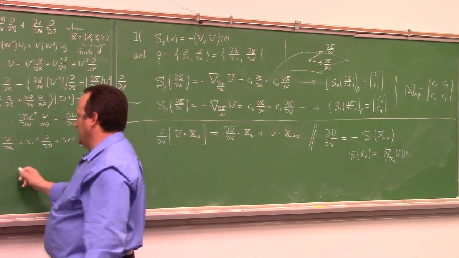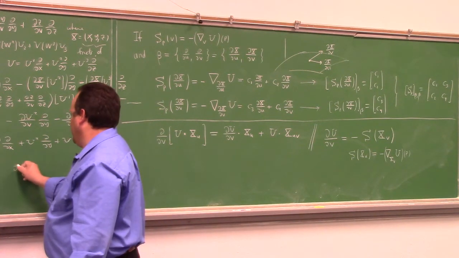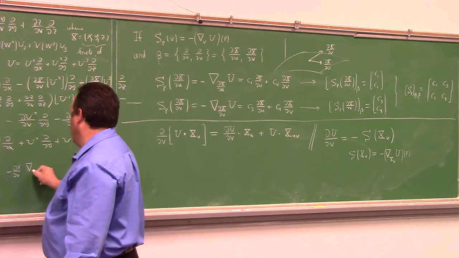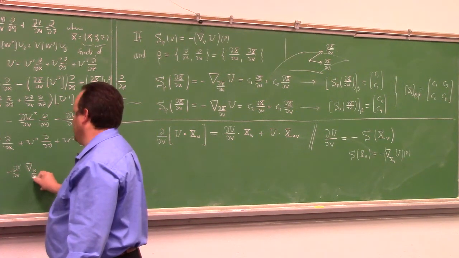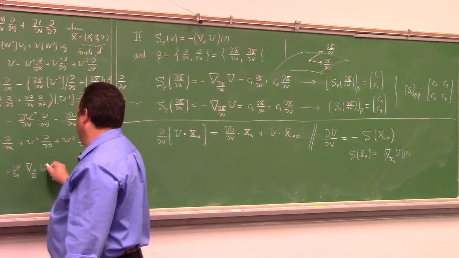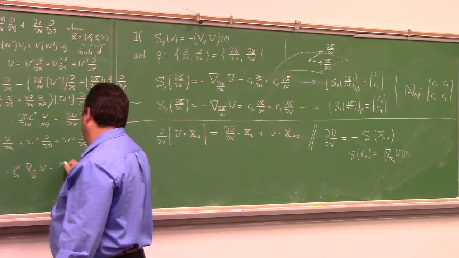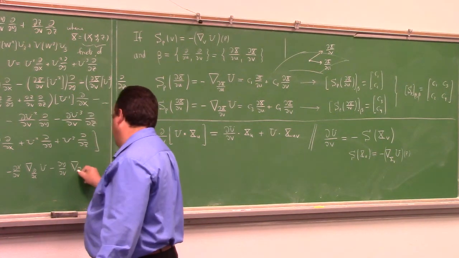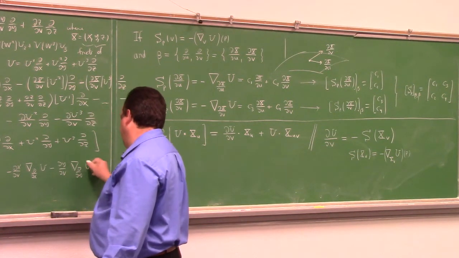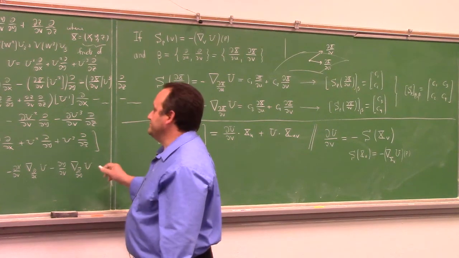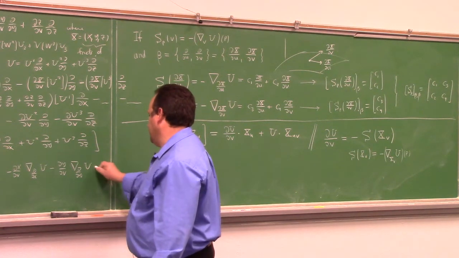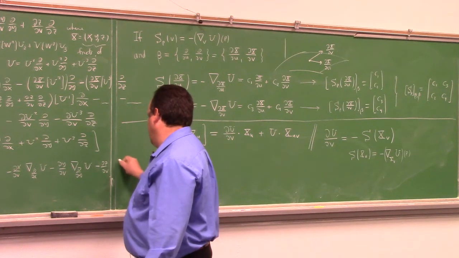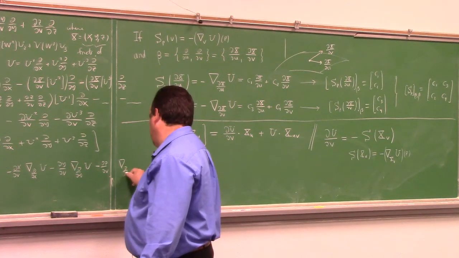You could re-express it as little partial x partial v minus covariant derivative in the partial x direction of u, minus partial y partial v covariant derivative in the partial y direction of u, minus partial z partial v covariant derivative in the partial z direction of u.